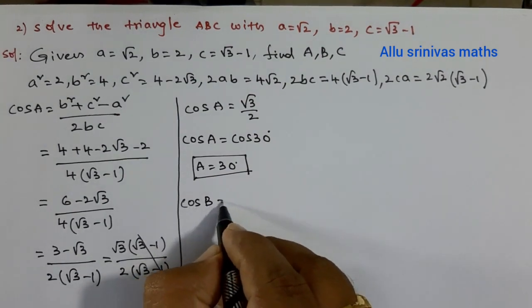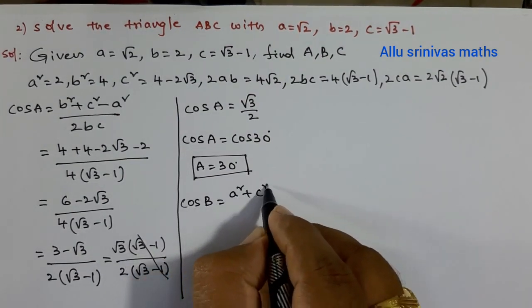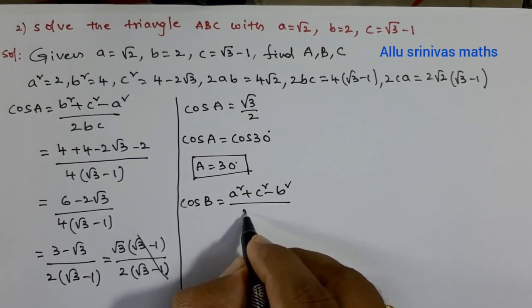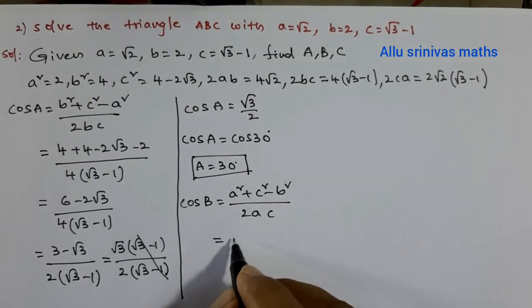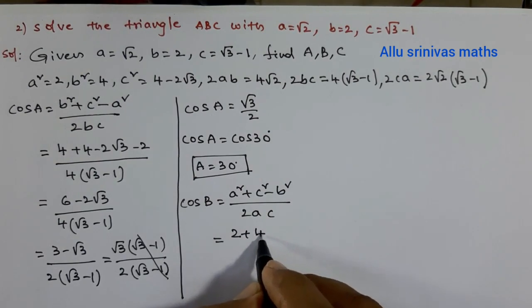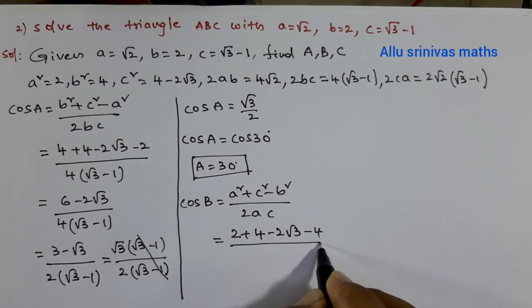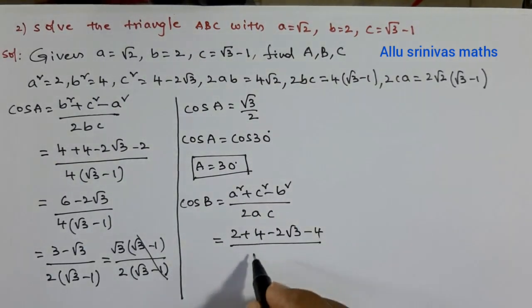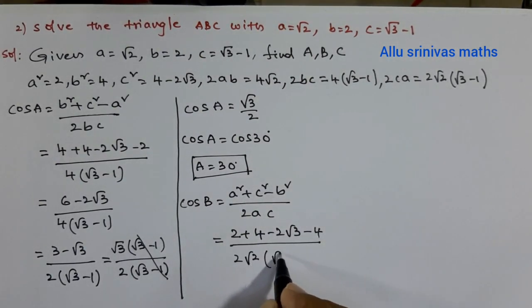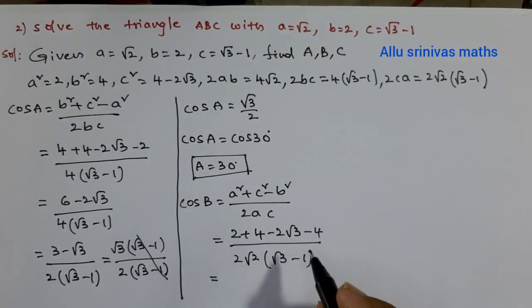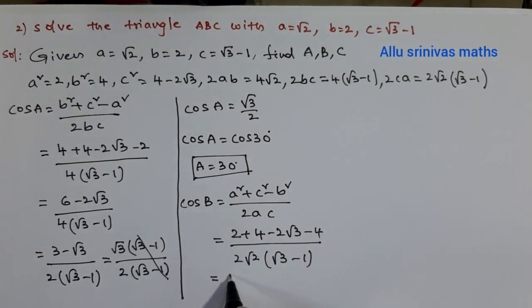Next we write the formula for angle B in the cosine rule. Cos B equals a square plus c square minus b square by 2ac. a square is 2, c square is 4 minus 2 root 3, minus b square is minus 4, divided by 2ac, 2 root 2 into root 3 minus 1. And then 4 cancels: 2 minus 2 root 3 divided by 2 root 2 into root 3 minus 1.